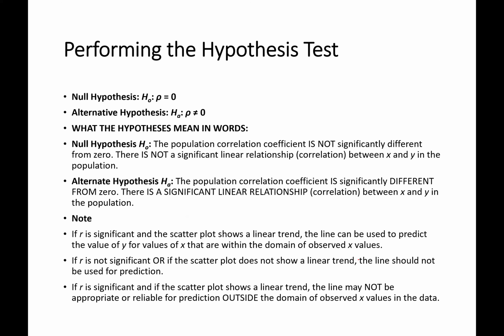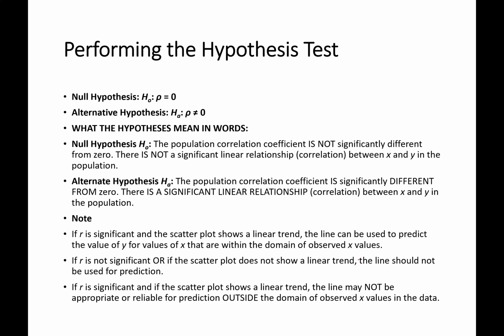What the hypothesis means in words: the population correlation coefficient is not significantly different from 0. There's not a significant linear relationship correlation between X and Y in the population. The alternative is that there is a significant linear relationship, that the population correlation coefficient is significantly different from 0.